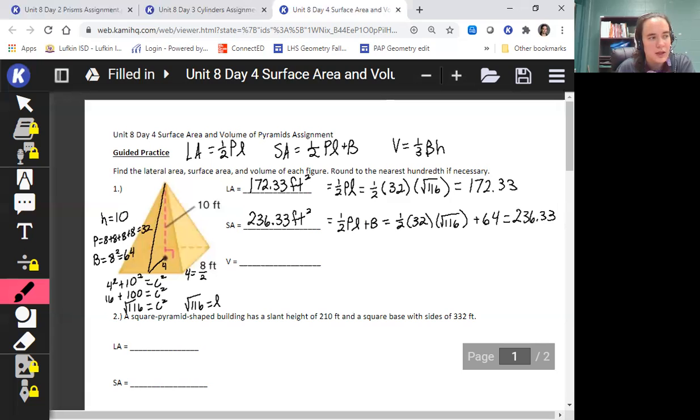And then we're looking at volume of our pyramid. So that's going to be 1/3 times the area of our base, which is 64, times our height, which is 10.